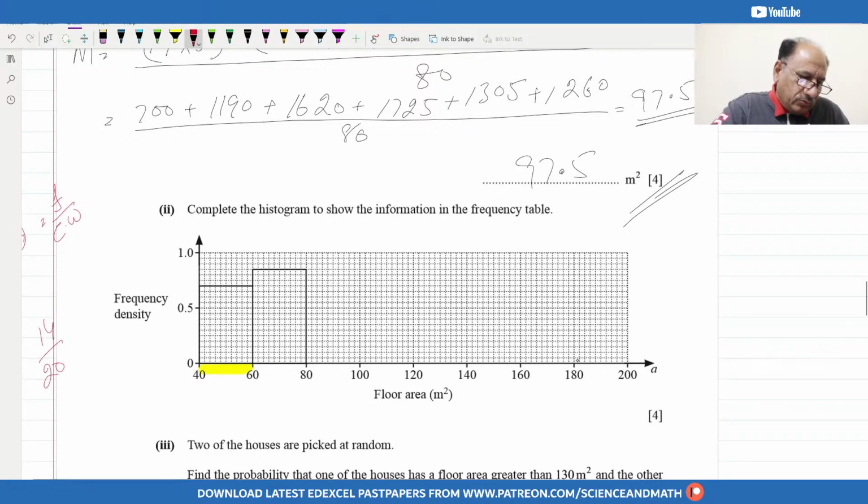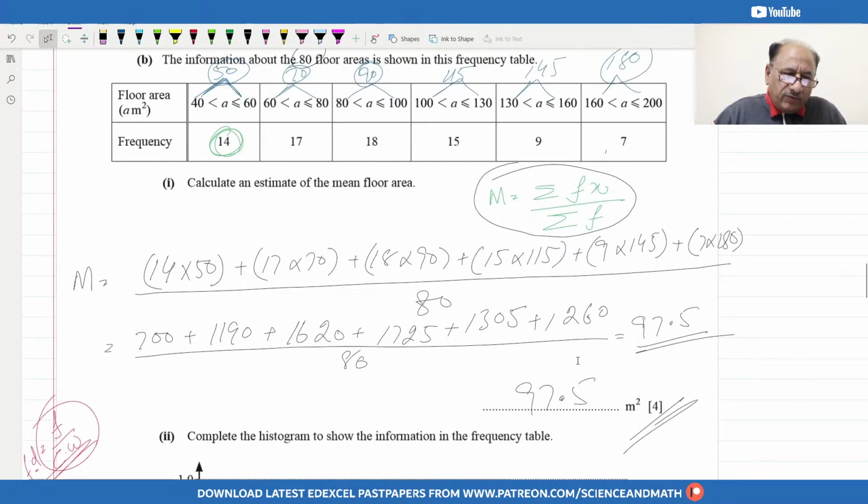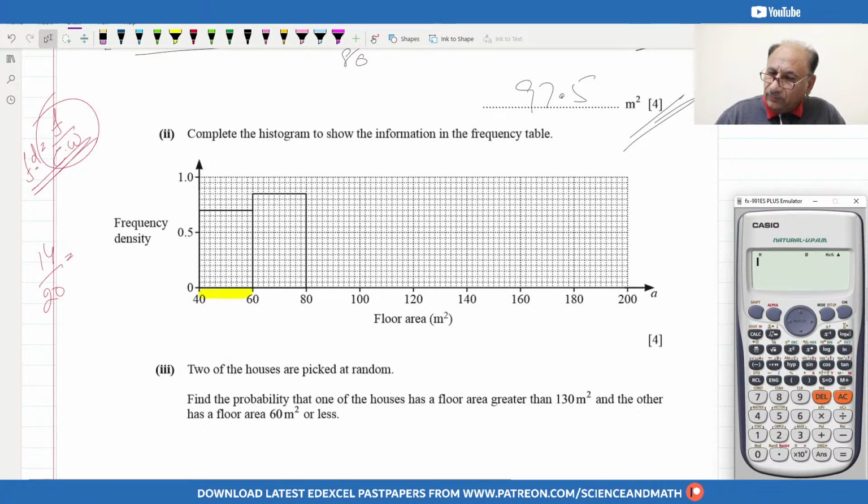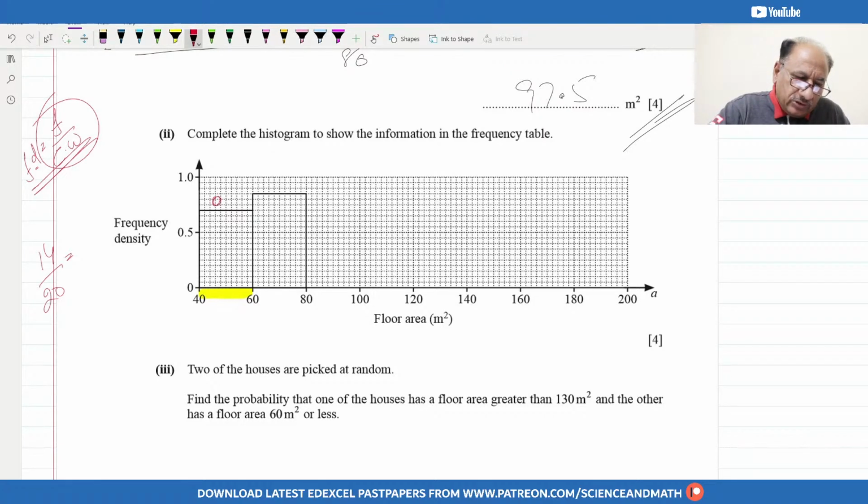So the class width is 20 and the frequency is 14, which we have taken from here, so 14 divided by 20 is equal to 0.7. So this height will be 0.7. I have given the detail for you.